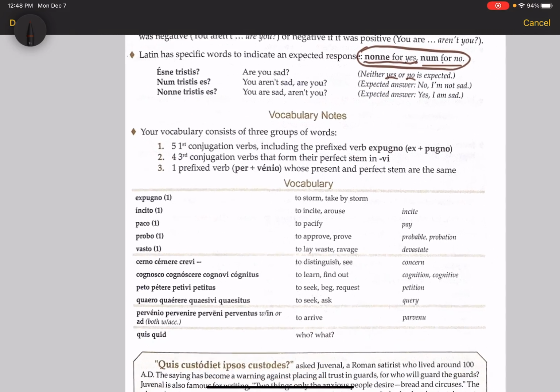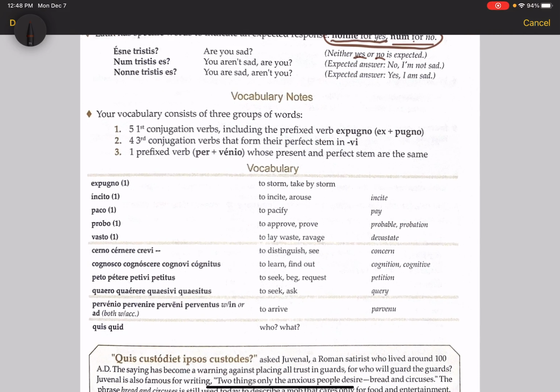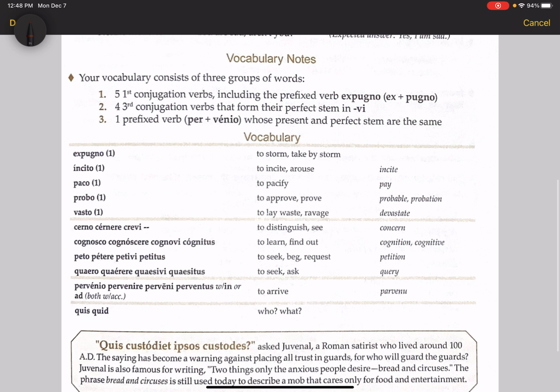Okay, your vocabulary. So this vocabulary list consists of 3 kinds of words. These first 5 are first conjugation verbs with prefixes. Oh, I'm sorry, not all of them, just the first one.